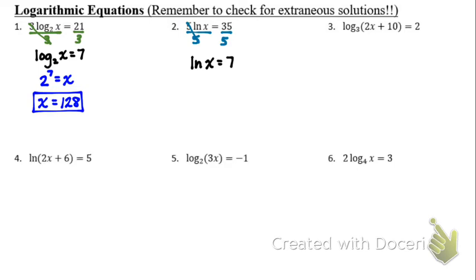E. On a natural log, I want to write this as an exponential. So e to the power of 7 equals x. This would be my exact solution. Let's also get a decimal approximation. I'm sorry, one more time for me. 1096.63.